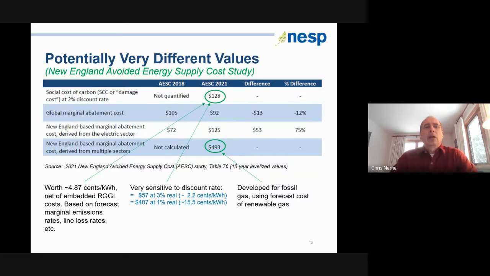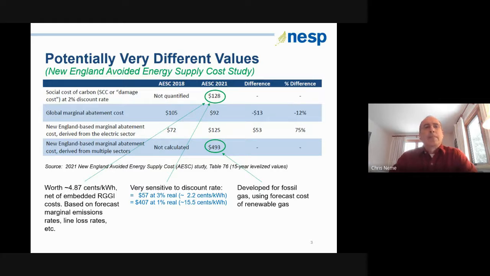And you can see in the column that's labeled AESC 2021, these are the values that the report came up with different methods of estimating the value of carbon emission reductions.